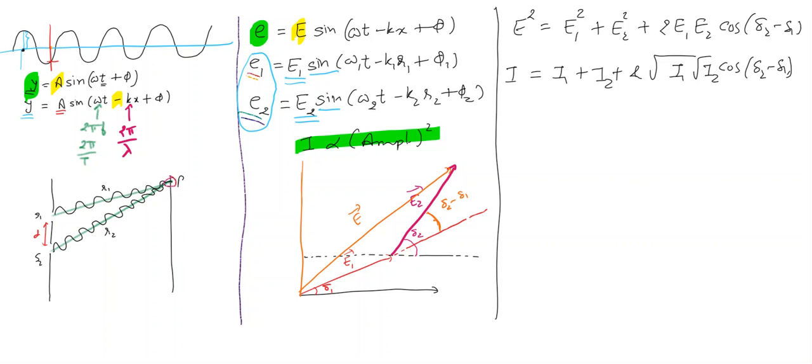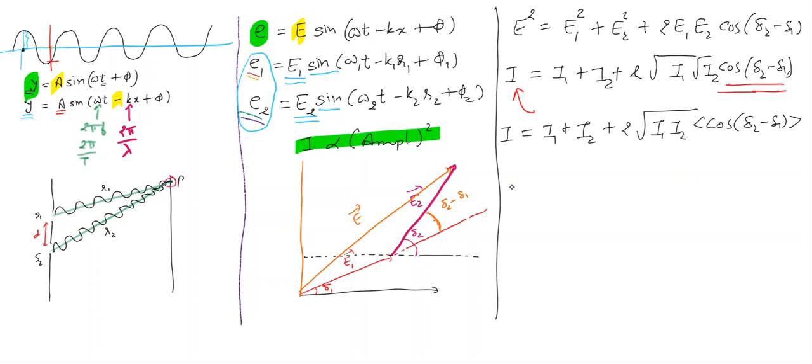Now there is one problem. You cannot write it this way. Why? Because when you talk about electric field, it is at some particular time. But when you write I, it is intensity, and then you have to take the average of delta 2 minus delta 1 over one cycle. Then I have to write this equation as I is equal to I1 plus I2 plus 2 root of I1 I2 times the average of cos of delta 2 minus delta 1.